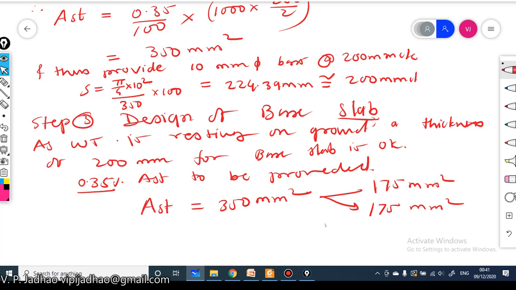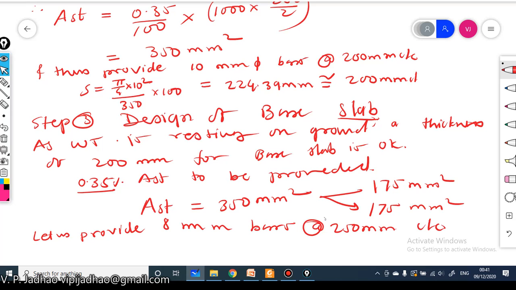If we provide 8 mm bars, the spacing will be around 250 mm center to center.